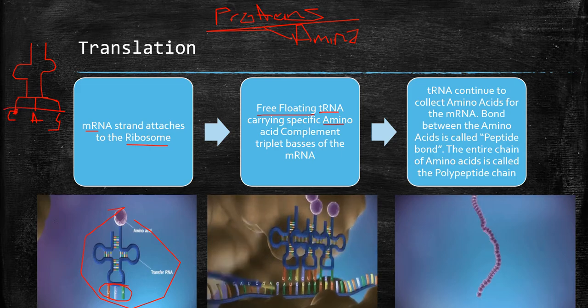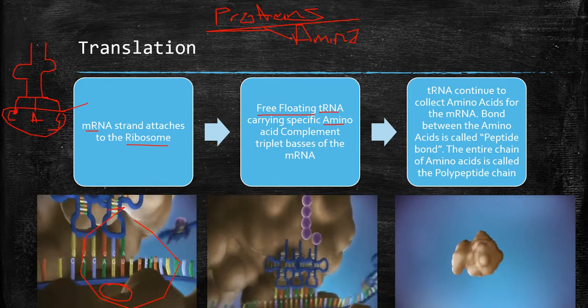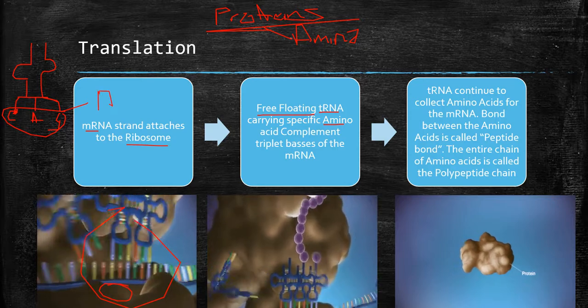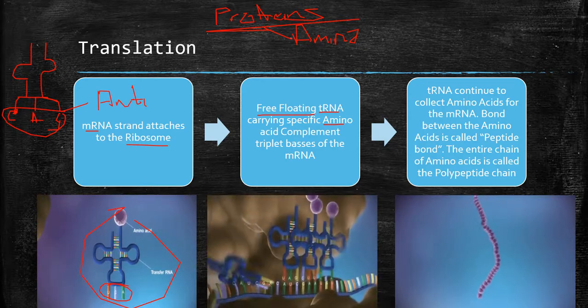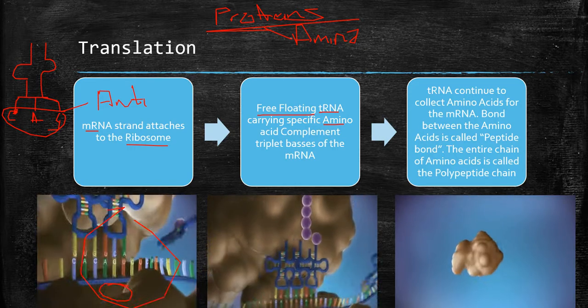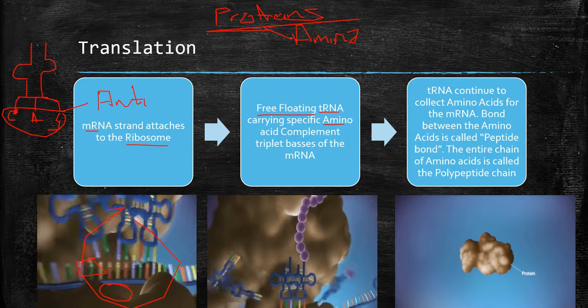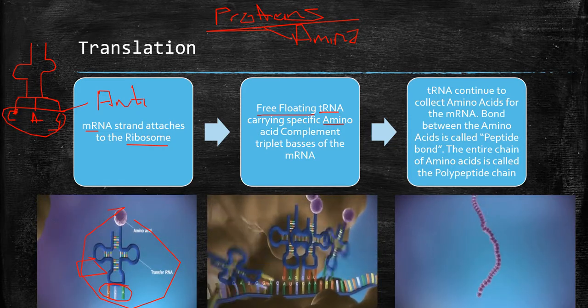As long as you have 3 bases on a tRNA strand, we're going to call them anticodons. Then there are 3 bases on the mRNA strand. Remember, the mRNA strand is on the ribosome at this point.